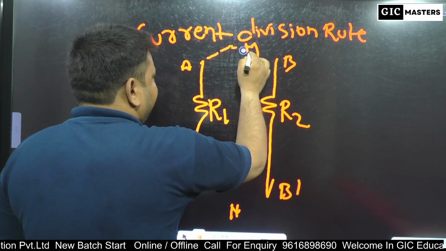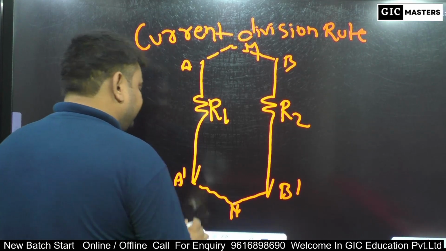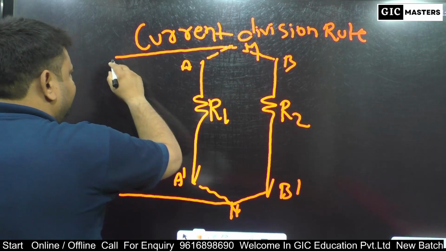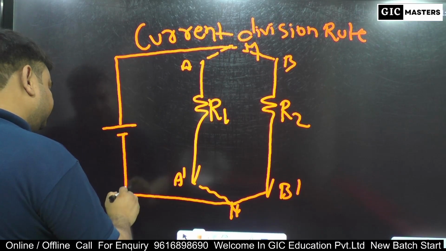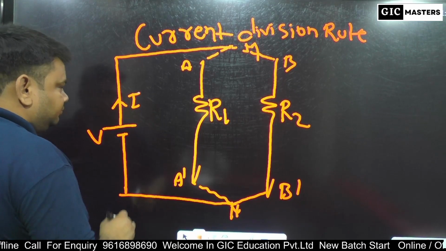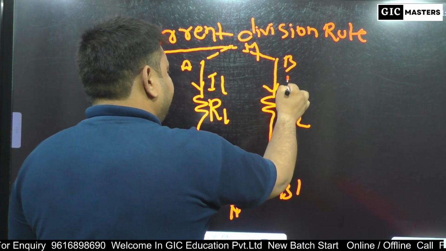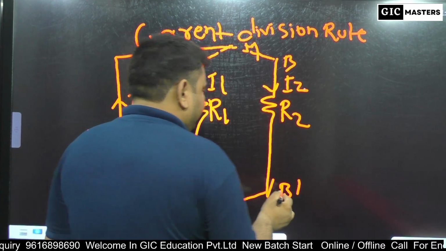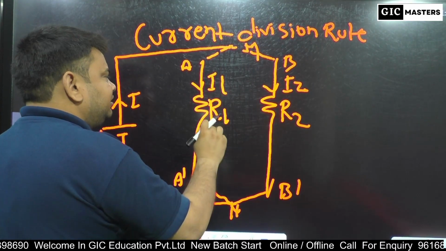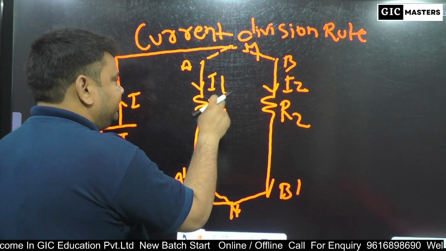A and B are connected with node M, A dash and B dash are connected with node N. These two resistors connected in parallel are also connected with a voltage source and current I flows. Current I1 flows through R1 and current I2 through R2. According to the current division rule, the total current I is divided into two parts, I1 and I2.